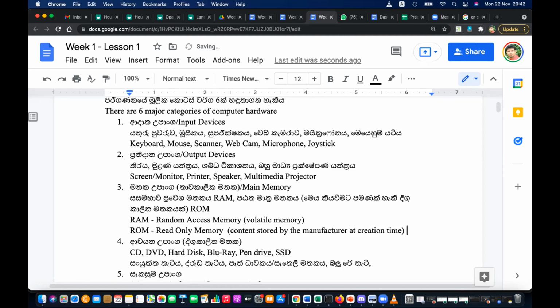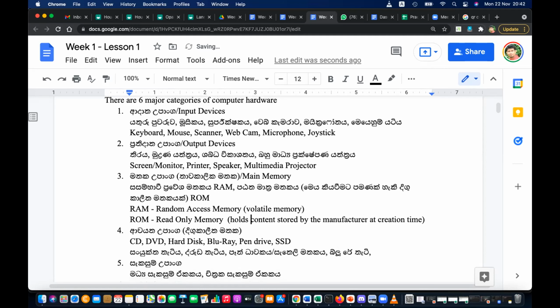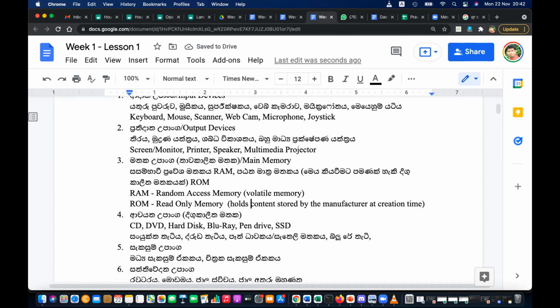Actually, ROM holds content stored by the manufacturer at the creation time. It is also a type of memory in your computer. So one is RAM, the other one is ROM.